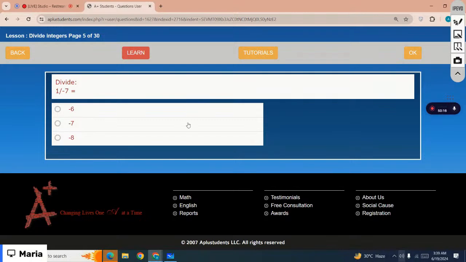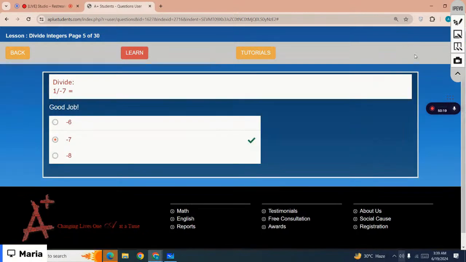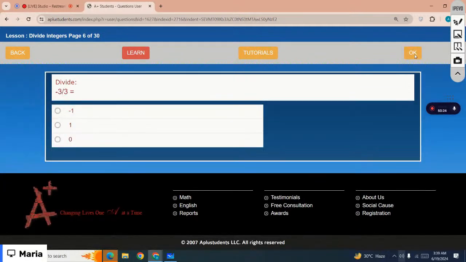Option number 2 is the correct option. 3 divided by negative 3, which is the correct option? Negative 1. Option number 1 is the correct option. Negative 1, one of the numbers is negative.